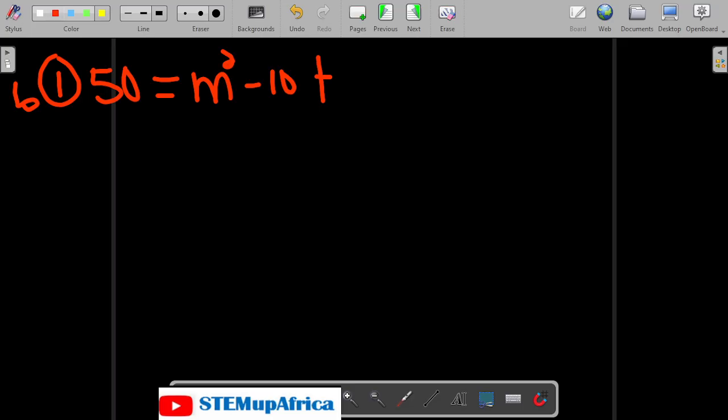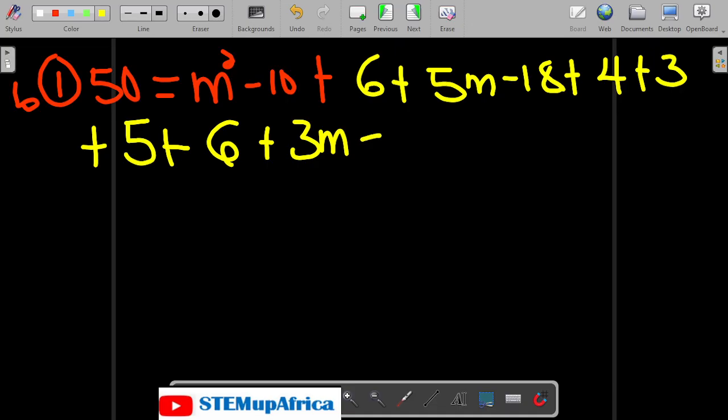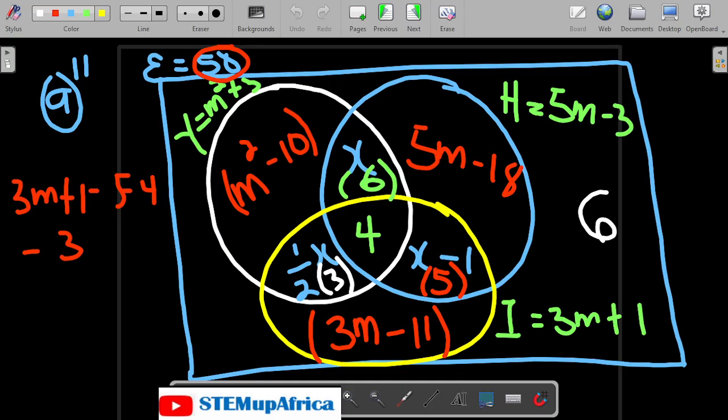Plus 6, plus 5m minus 18, plus 4 plus 3 plus 5 plus 6 plus 3m minus 11. That's what we have. So meaning the 50 is equivalent to everything we have in the rectangle.